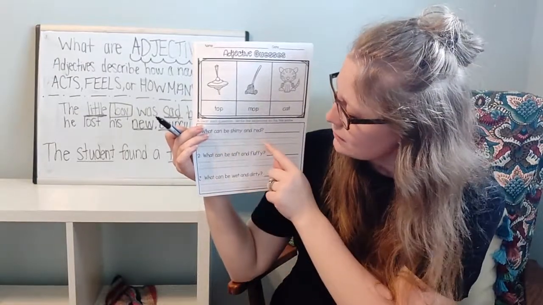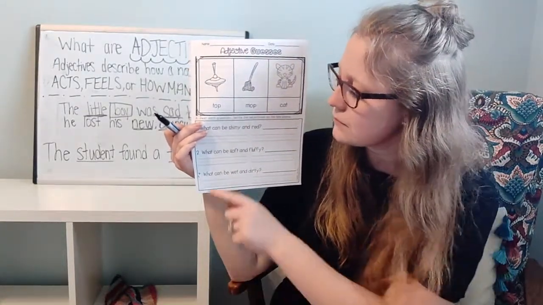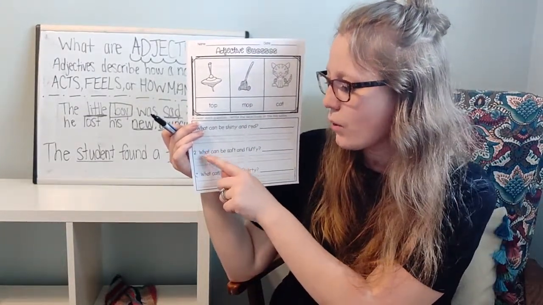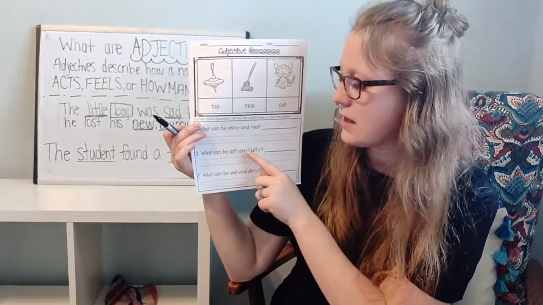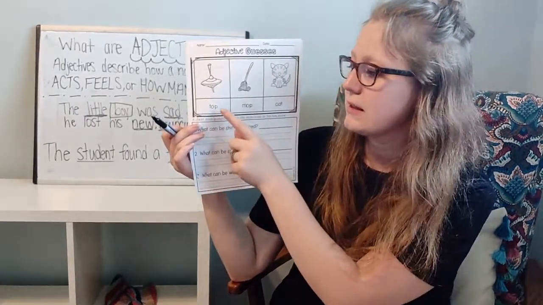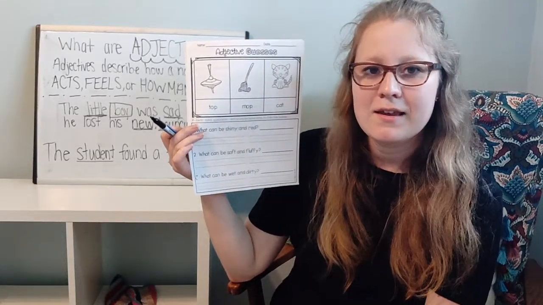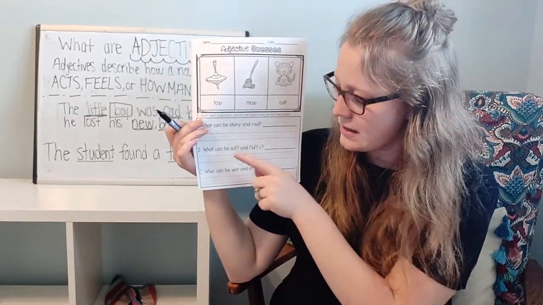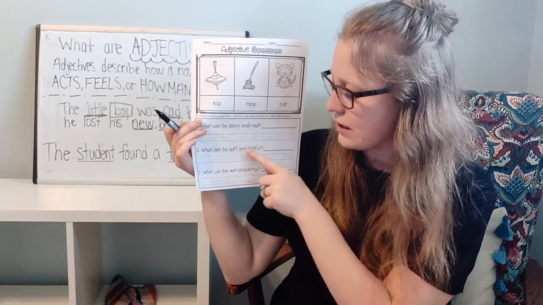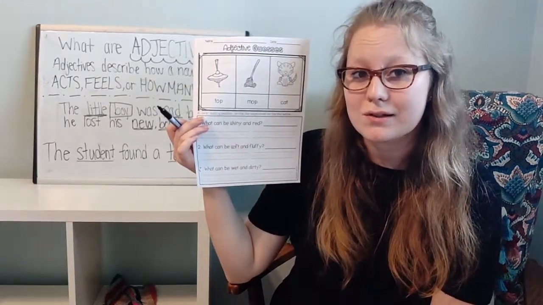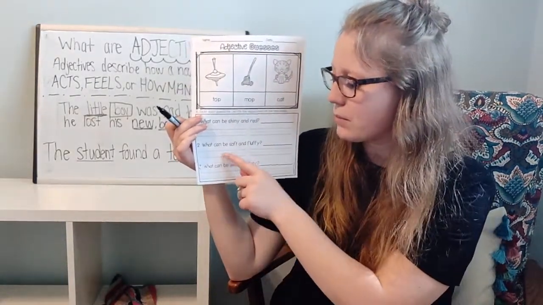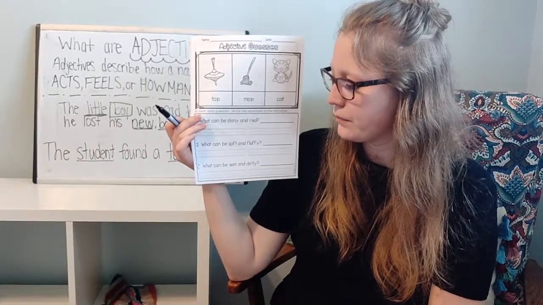Write the adjectives on the line. The next question says, what can be soft and fluffy? Is it the top, mop, or cat? Make your guess, write it on the line, and decide in that question what 2 words described that item. Write those 2 words down.